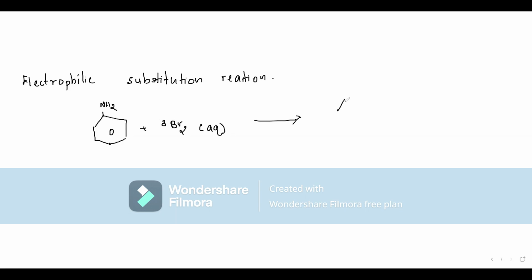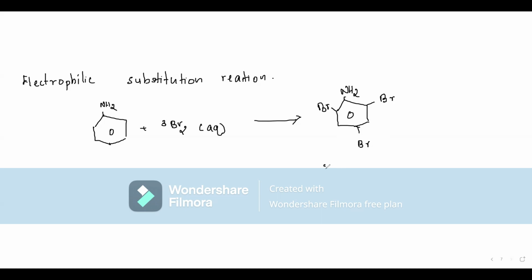Now, you will be getting a product with the benzene ring and all the three positions, both the ortho and the para positions, all three positions are simultaneously substituted by Br group.